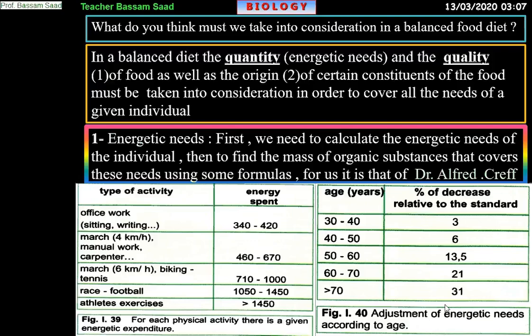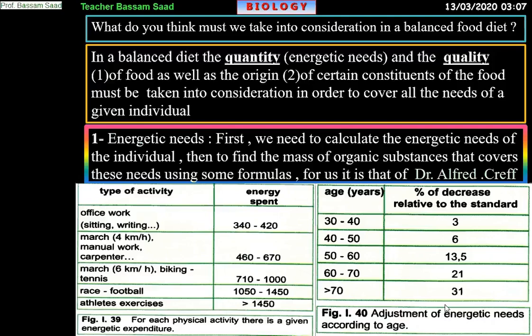Suppose now we know the amount of energy consumed by a given person at a given day. We have now to find the quality of food he must eat. It is not only important, as we said, the mass of the food the individual must eat, the quantity of food. We are also interested in the quality of this food.